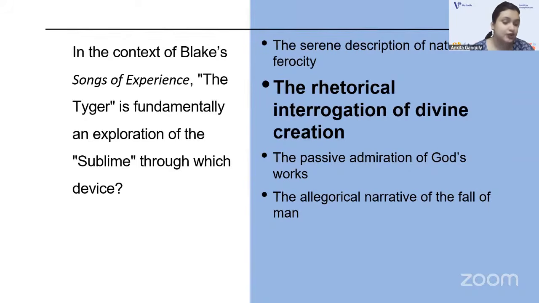This device is central to the poem's effect, as it creates a relentless sense of inquiry and wonder, directly confronting the terrifying and majestic nature of the tiger, and by extension, the nature of its creator, without providing easy answers. Only questions are asked one after the other, without any answer as such, in the course of the poem. And this rhetorical interrogation of divine creation is what evokes the sublimity here.